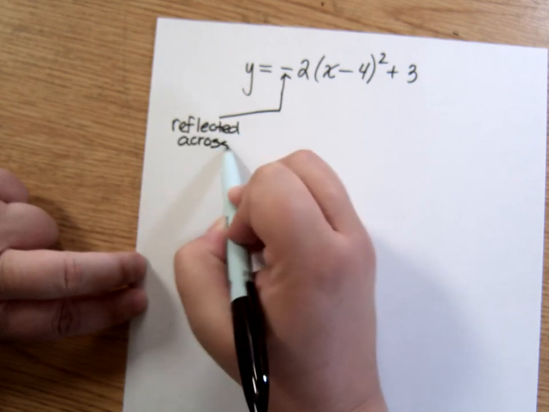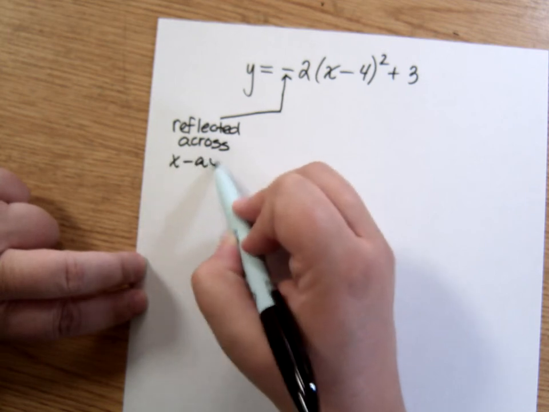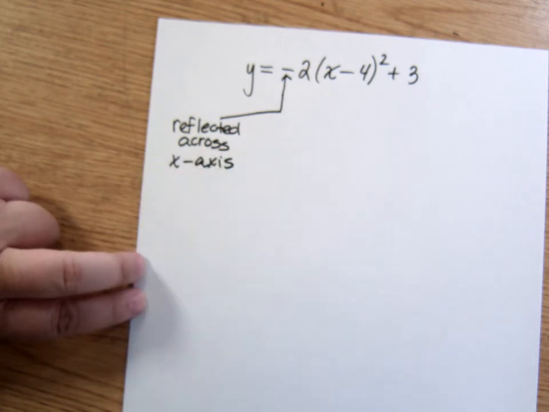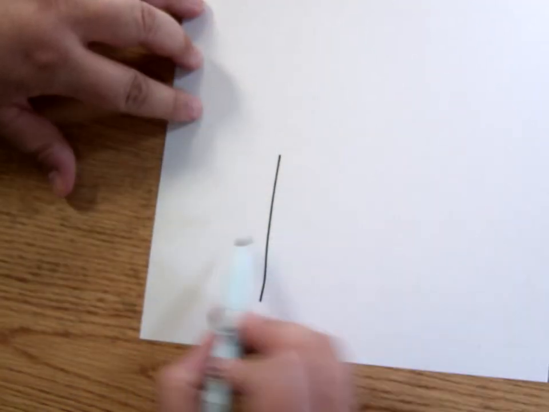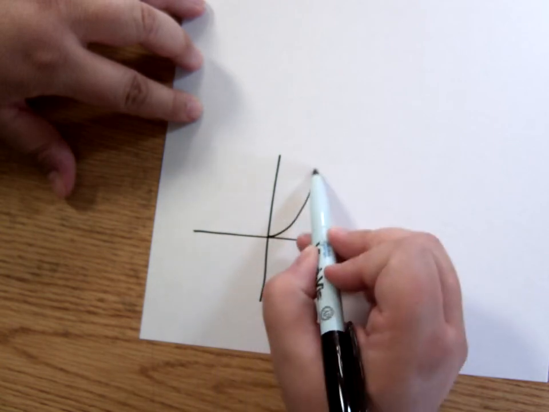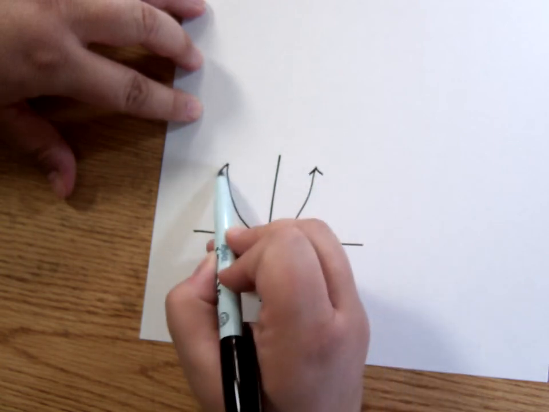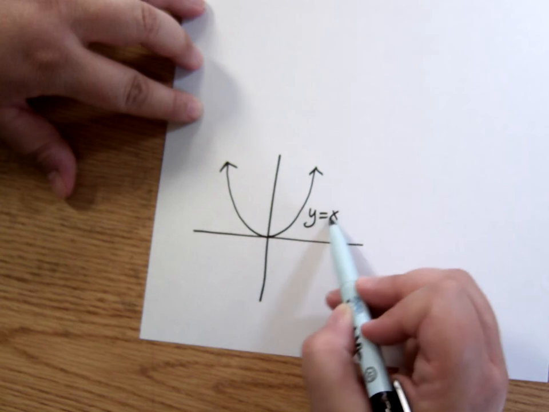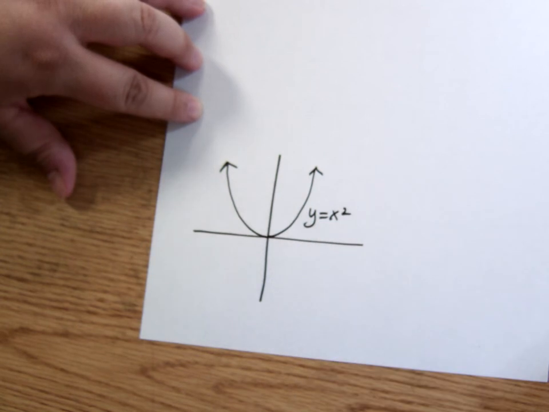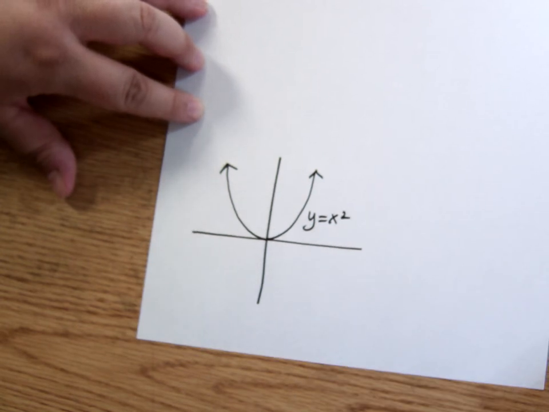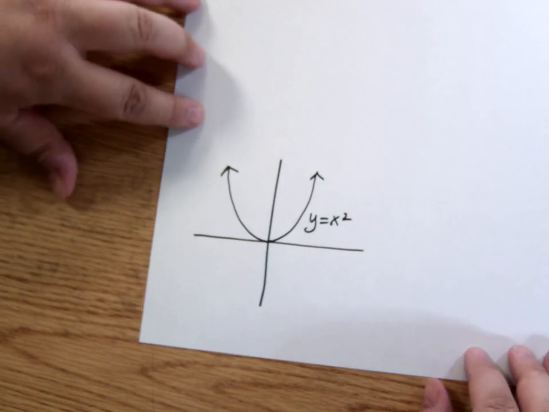So now my parabola is opening down and not up. That's what that means. When we're talking about it's been reflected, we're talking about from the parent function. The parent function is your basic garden variety y equals x squared. So we're comparing this back to y equals x squared.